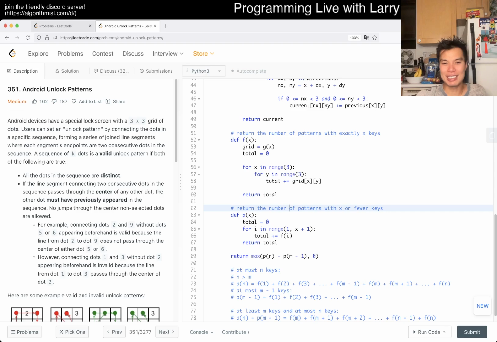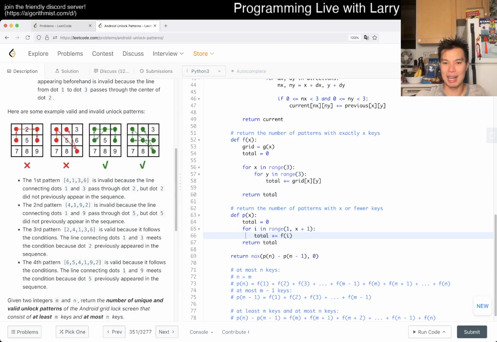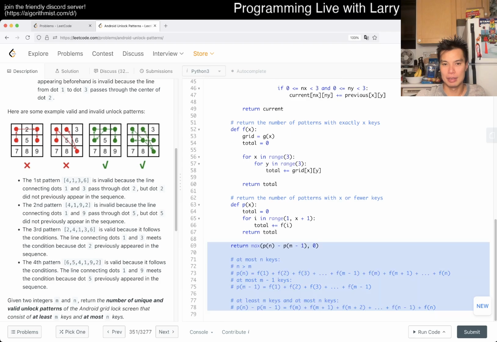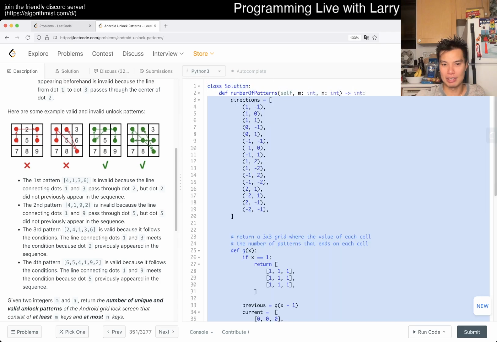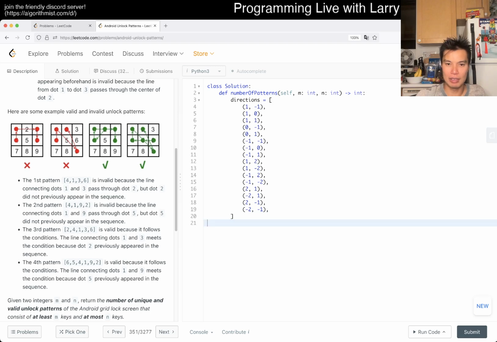You can definitely still squeeze it in like this, but I think it doesn't make sense. So I think we can just run the brute force and then see how many are within M and N. There are some things that you can do, which we'll play around with in a sec. And we'll keep the direction just because that is the way the things go, right?